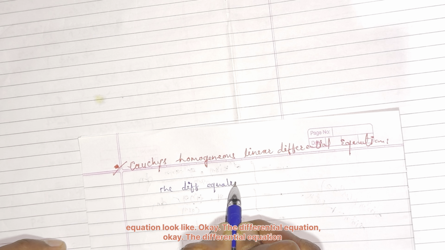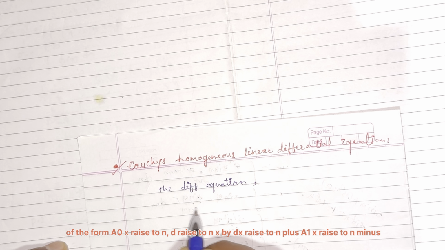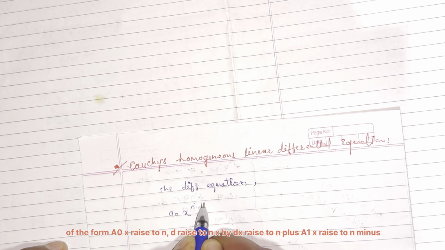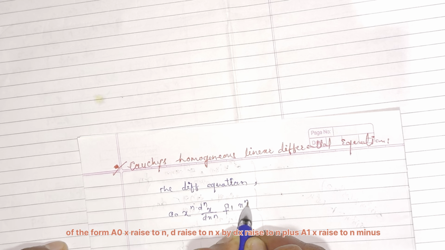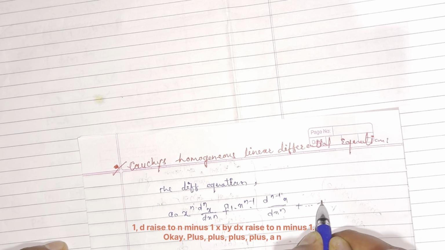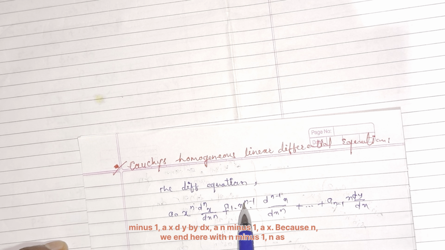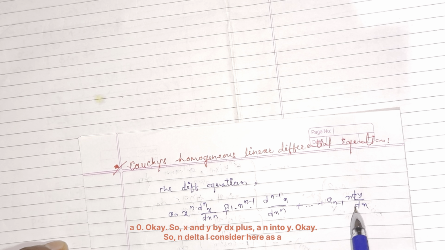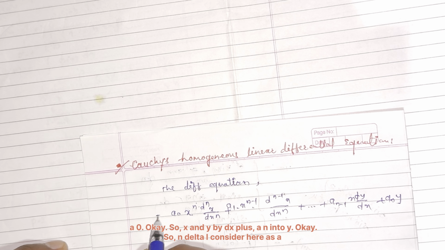The differential equation is of the form a naught x raised to n d raised to n y by dx raised to n, plus a1 x raised to n minus 1 d raised to n minus 1 y by dx raised to n minus 1, and so on, plus a n minus 1 x dy by dx, plus a n into y. The entire right-hand term I consider as f of x.